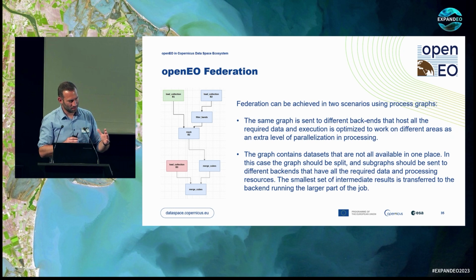But this OpenEO Federation would allow processing to be split up for users without them having to worry about it and deferred to another backend. So that, for example, a national ground segment or another company which is OpenEO enabled can run chunks of the processing distributed. That's one of the novelties within OpenEO.